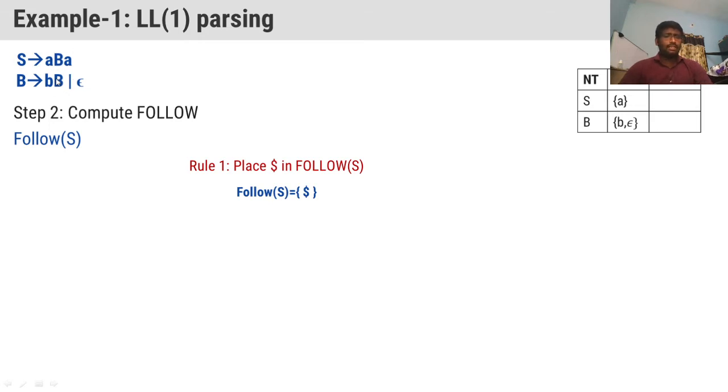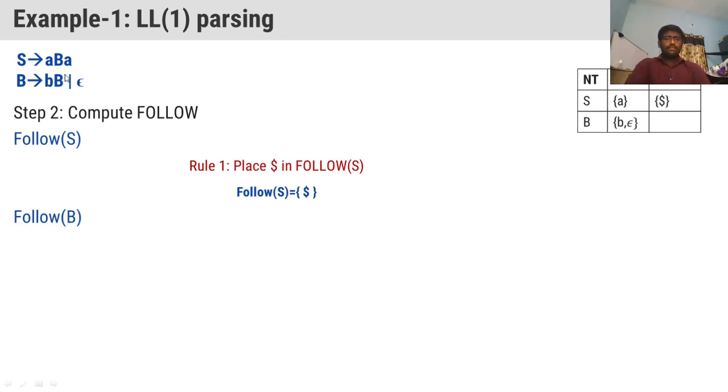If capital S were present on the right hand side, we would take the symbol following it. Here S is not present, so we decide that the follow set of capital S is $ only, because S is the start symbol and does not appear in any right hand side production.